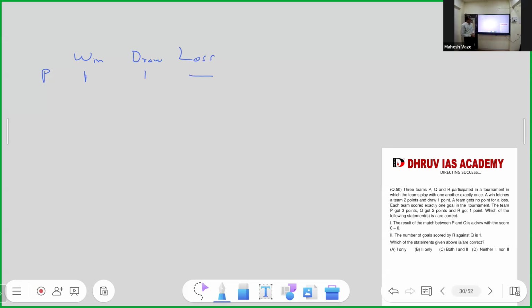Then Q. Q has scored 2 points, which can come from 1 win or 2 draws. So it can be either 1 win, no draw, and 1 loss, or no win, 2 draws, and no loss.